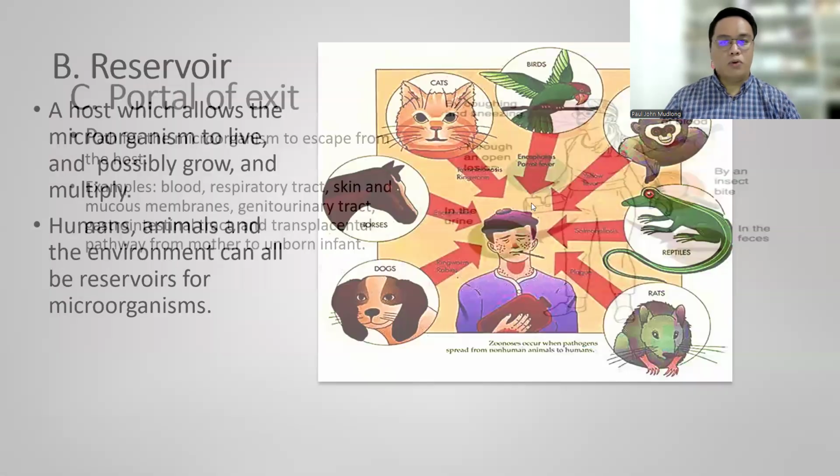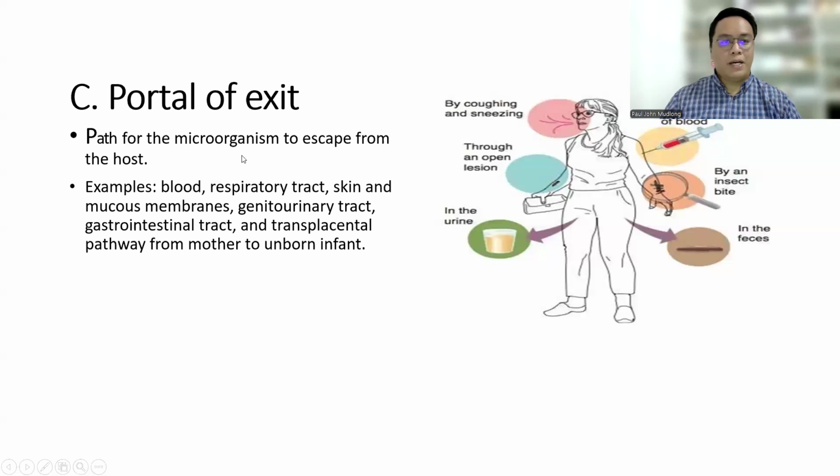Next one, portal of exit: the path for the microorganism to escape from the host. Examples would be blood, the respiratory tract when you cough or sneeze, and mucous membranes. Maybe an open lesion, a wound.